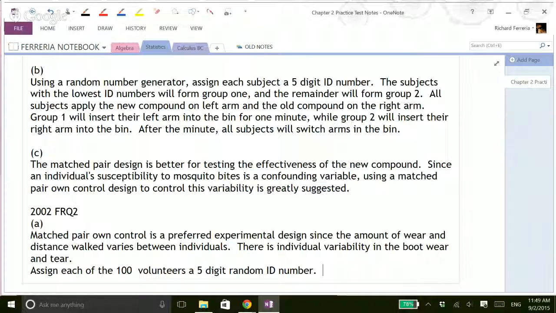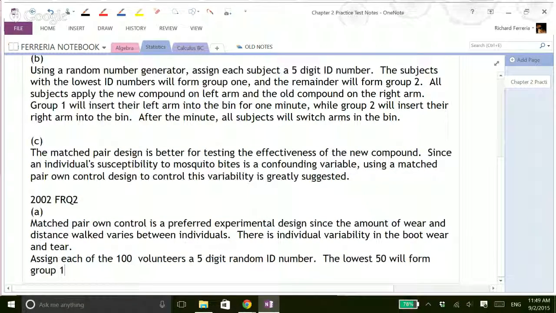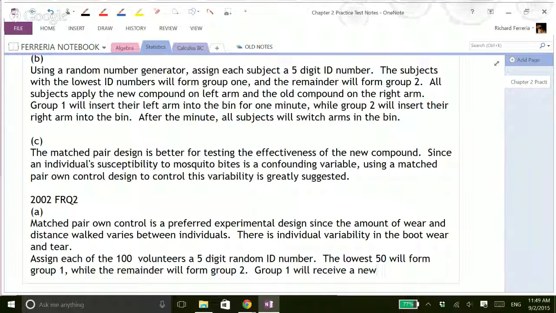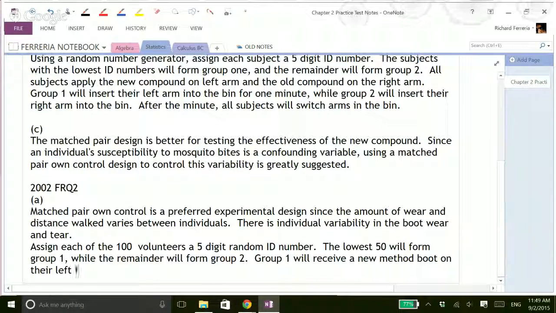Okay, then the lowest form group 1, while the remainder will form group 2. Group 1 will receive the new method of waterproofing on their left boot and the old method on their right boot.